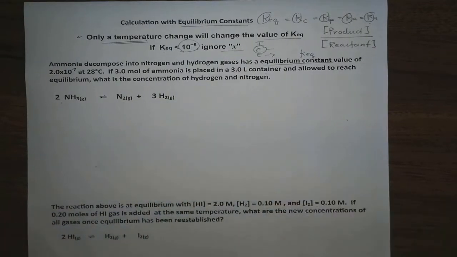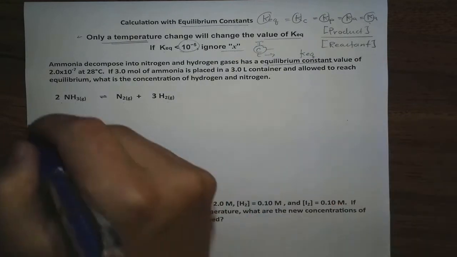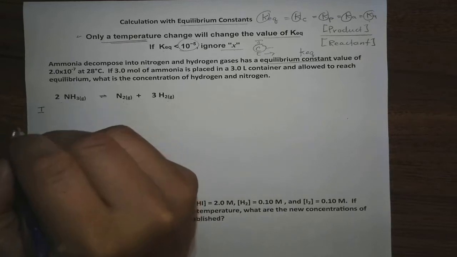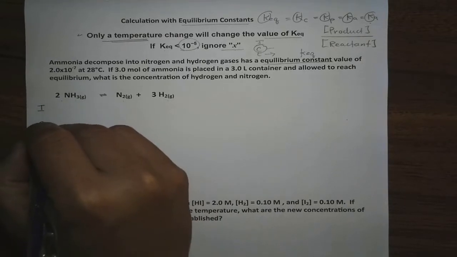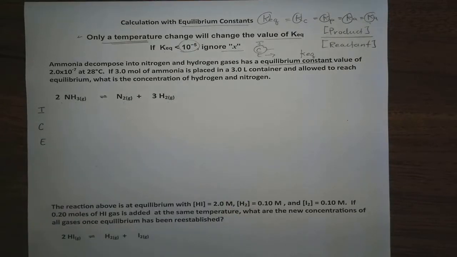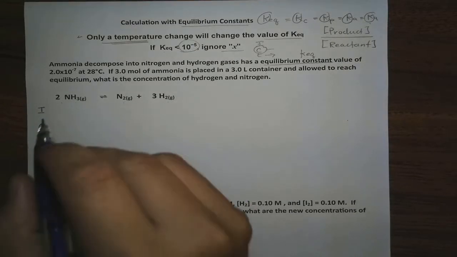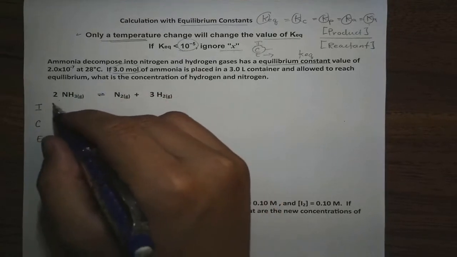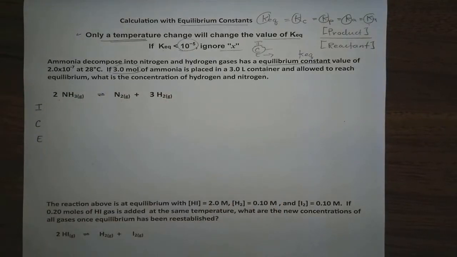When it comes to equilibrium, we always start with the ICE table. So I have I for my initial, C for my change, and E for my equilibrium. This right here is in moles, but when we express it in the ICE table, it has to be in terms of concentration.